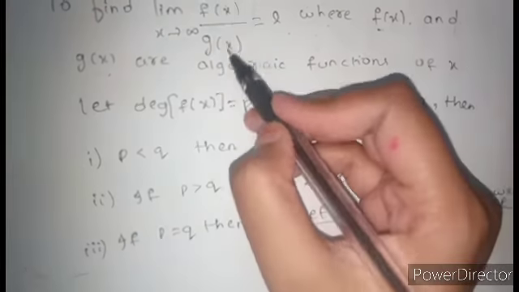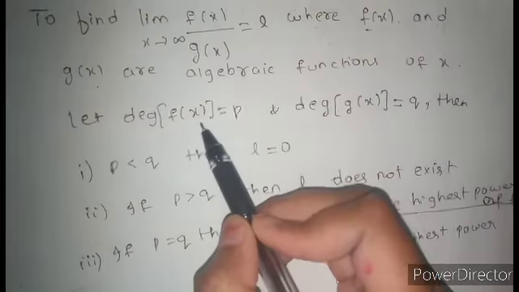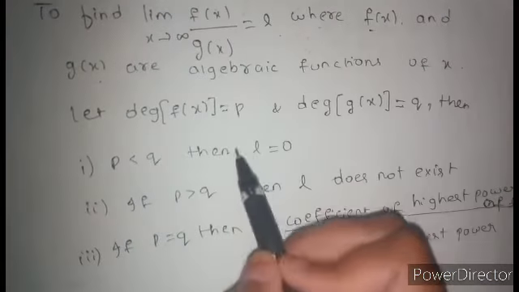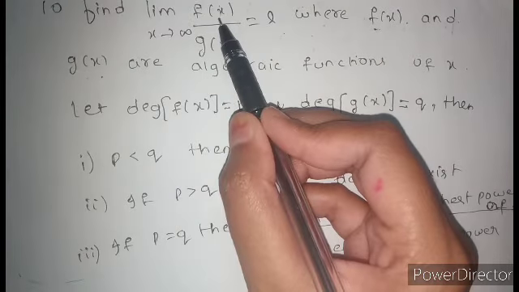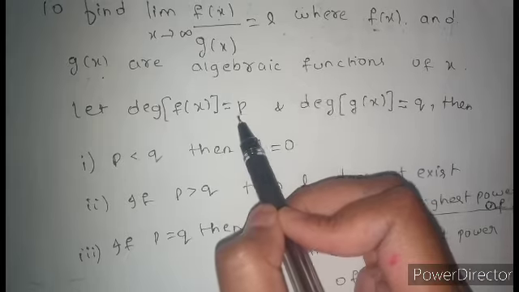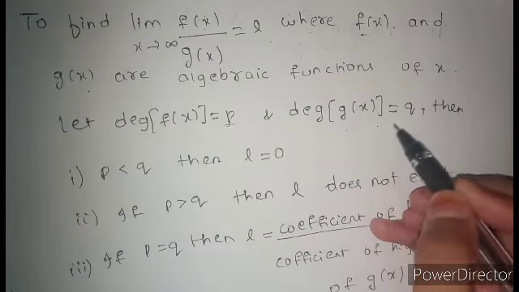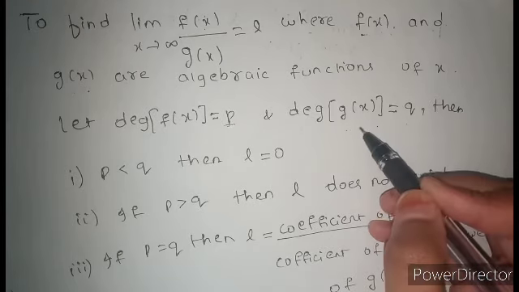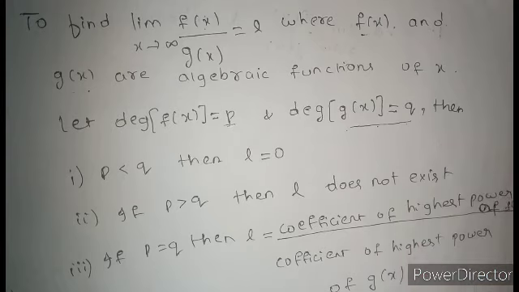Here f of x and g of x are algebraic functions. Now let us assume the degree of f of x is p, that is, the highest power of f of x is p, okay? Again, let us assume the degree of g of x, the highest power of function g of x, is q, okay?